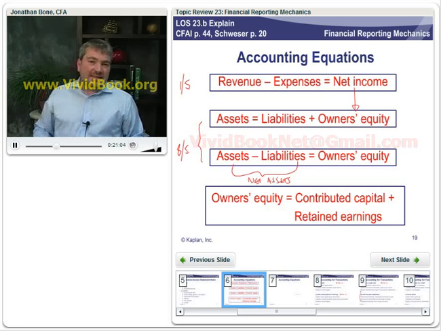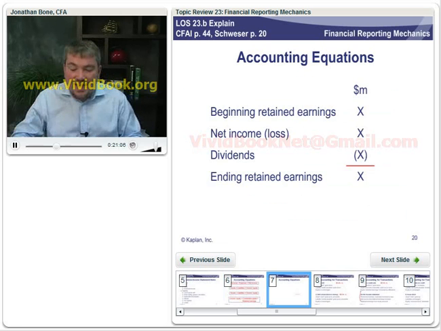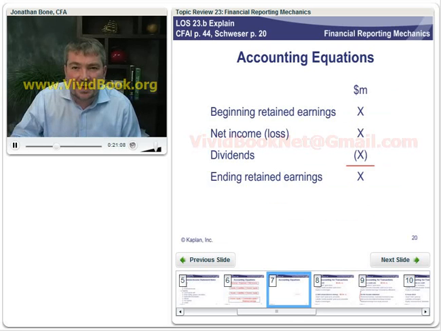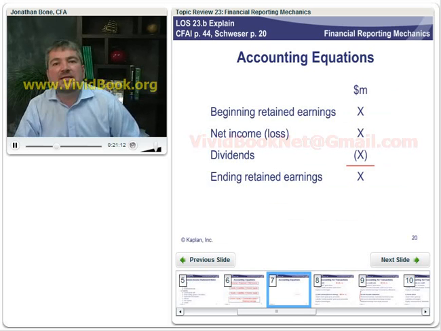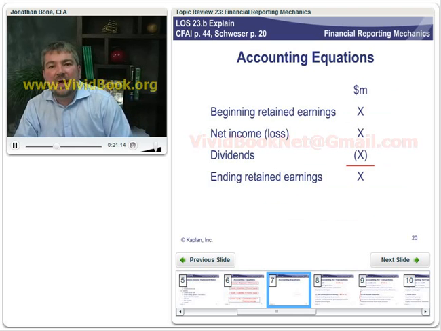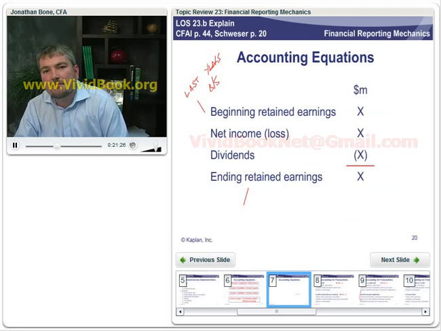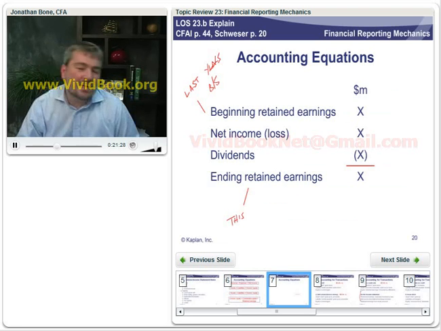Now again, this is showing that key linkage between the income statement and the balance sheet in a little bit more detail. So notice there's our beginning retained earnings, and that's just going to be from last year's balance sheet. And here is ending retained earnings, which of course is going to be this year's balance sheet. And all we're doing is reconciling between them.